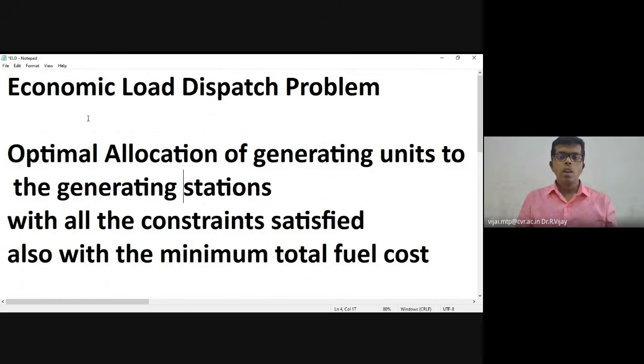So, economic load dispatch problem is defined as the optimal allocation of generating units to the generating station with all the constraints satisfied, and also we have to minimize the total fuel cost. So we have to minimize the total fuel cost, with the minimum fuel cost. This is the definition of economic load dispatch.